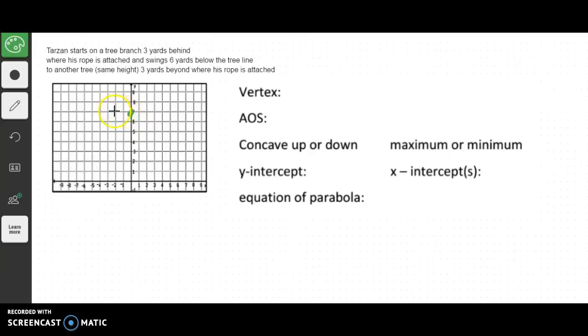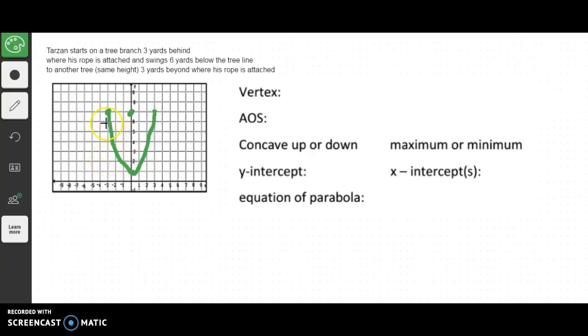Tarzan starts at a tree branch 3 yards behind where his rope is attached. So 1, 2, 3. That's over here. And he swings 6 yards below to the other side, 3 yards in front, over here. So I know that it's going to go all the way down here, swing, and come back up.